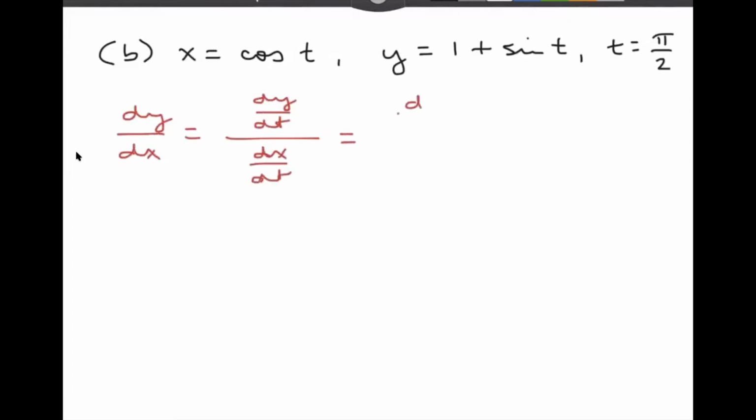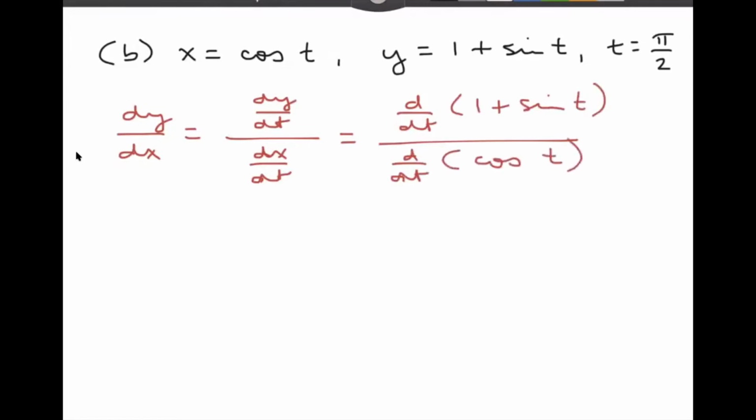Okay, so we need the derivative of 1 plus sine t divided by the derivative of cosine t, and then we're going to evaluate that at t equals pi over 2. All right, the derivative of 1 plus sine t is cosine t.